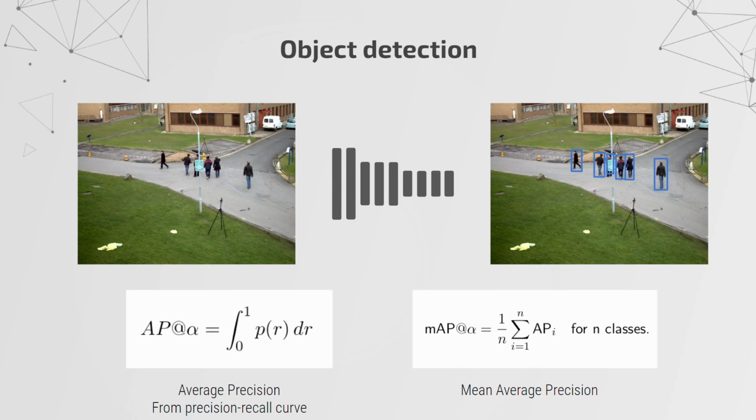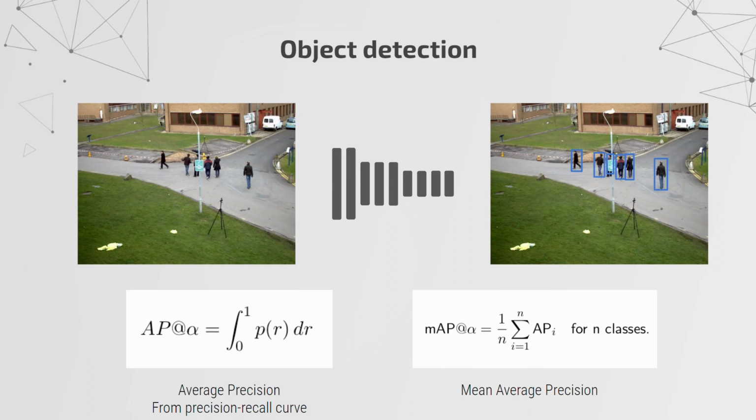The performance of an object detector is usually measured in terms of mean average precision, which is the average across all different classes of the precision. Precision is simply the area under the precision and the recall curve, or in mathematical terms, the integral from 0 to 1 of this curve.